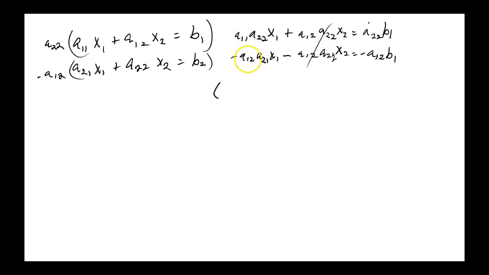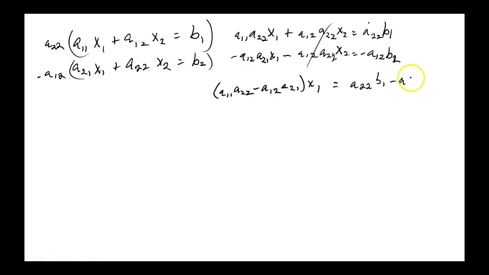Your x1 coefficient, when you add these two together, is a11 a22 minus a12 a21 times x1 is equal to a22 b1 minus a12 b2. Okay?